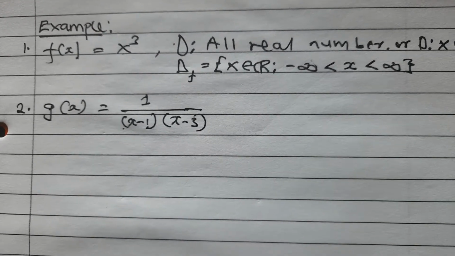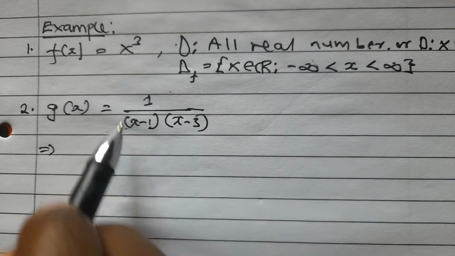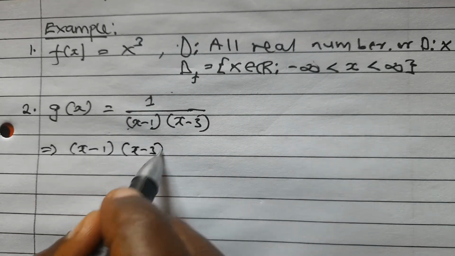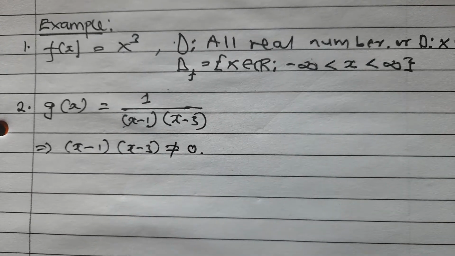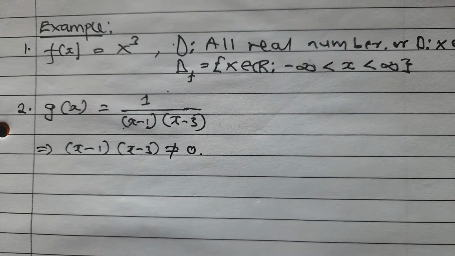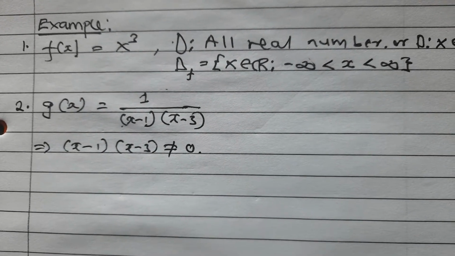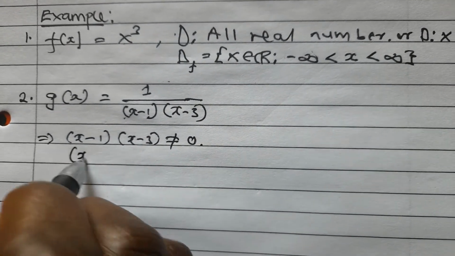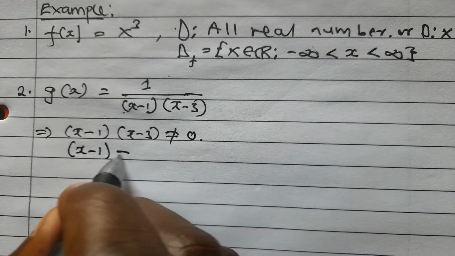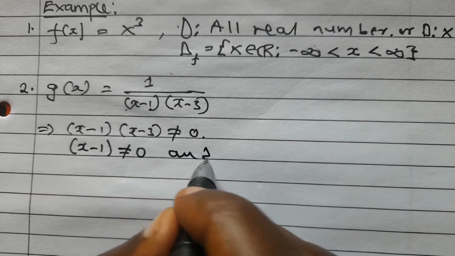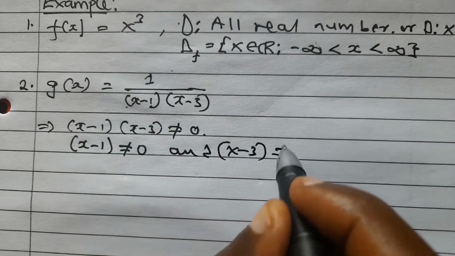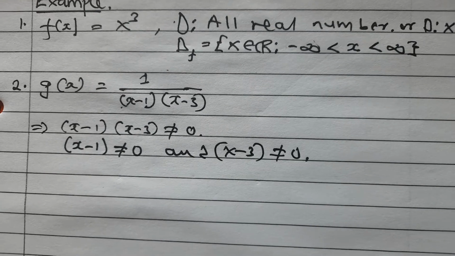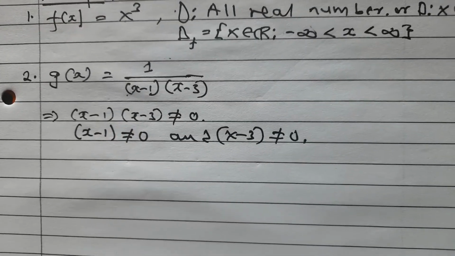So this implies that in order for our function to be defined, (x minus 1)(x minus 3) should not be equal to 0. This is as good as saying x minus 1 is not equal to 0 and x minus 3 is not equal to 0, because the two are connected by multiplication.